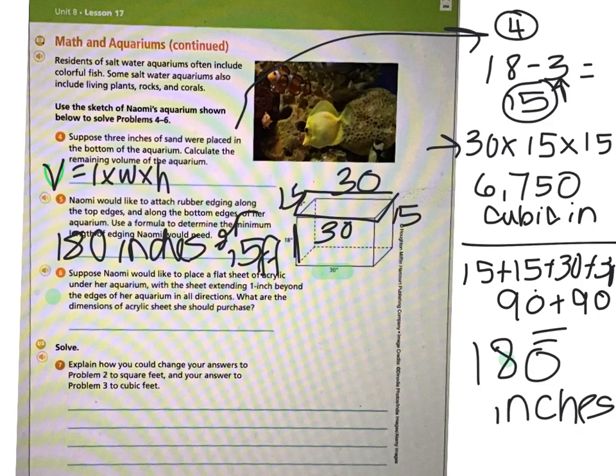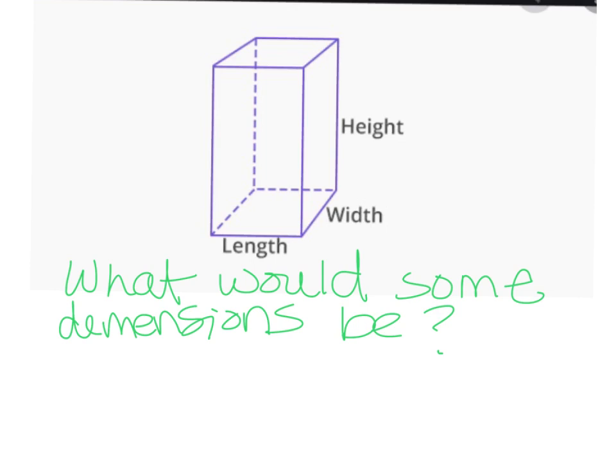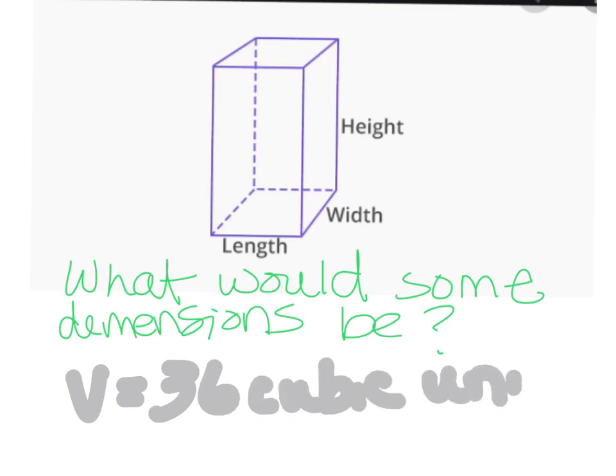We're going to skip the rest of them so you can practice on your own. All right, let's look at this rectangular prism. I want to just let you know that this volume equals 36 cubic units. What are some dimensions that we could use to get to 36?